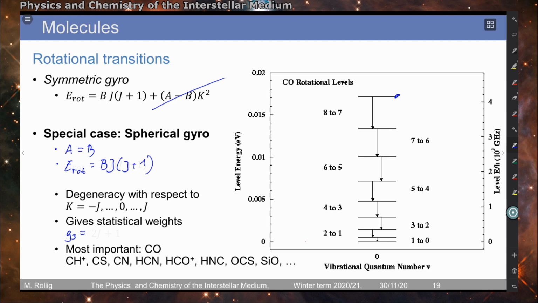So this is described by the statistical weight g equals 2J plus 1.